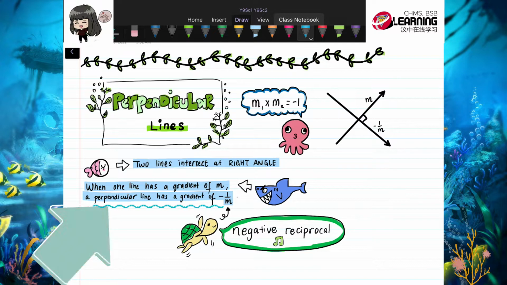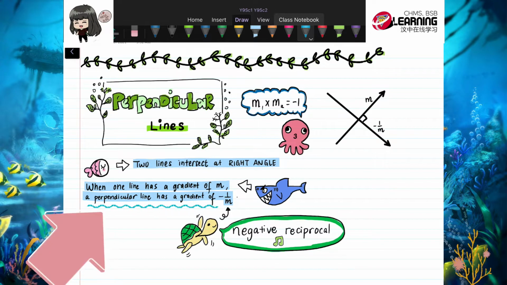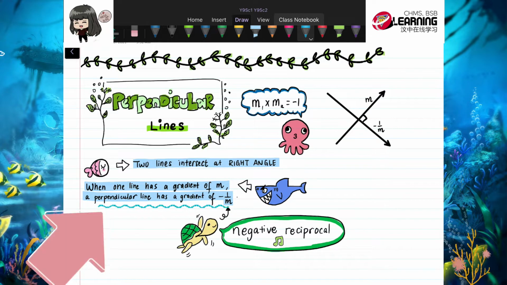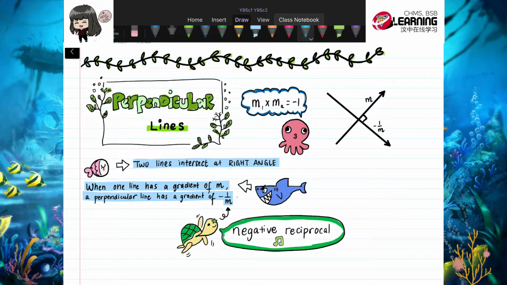When one of the lines has a gradient of m, the other perpendicular line has a gradient of negative 1 over m. Another word for that is negative reciprocal.